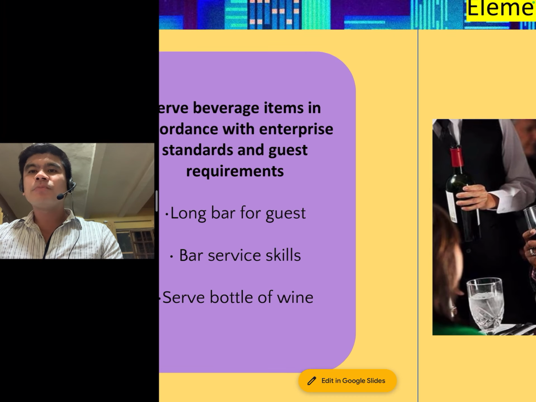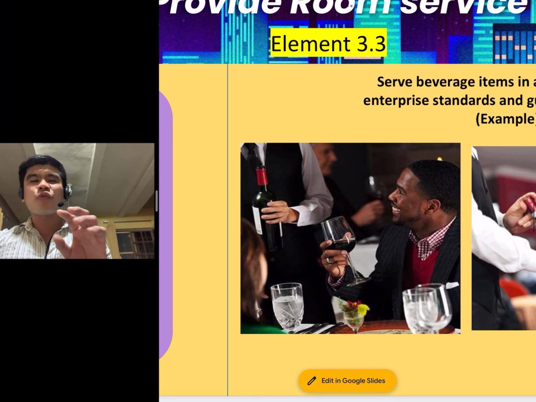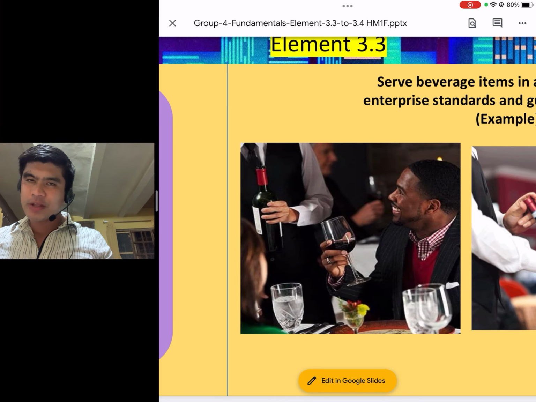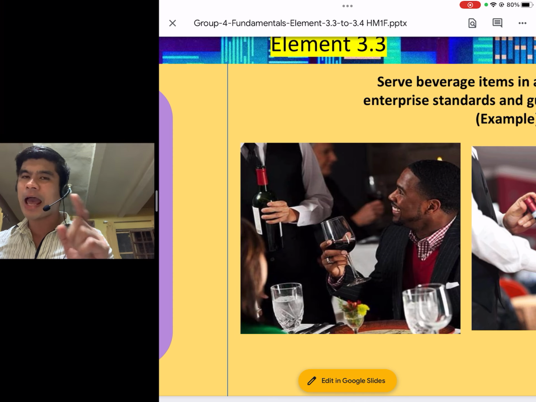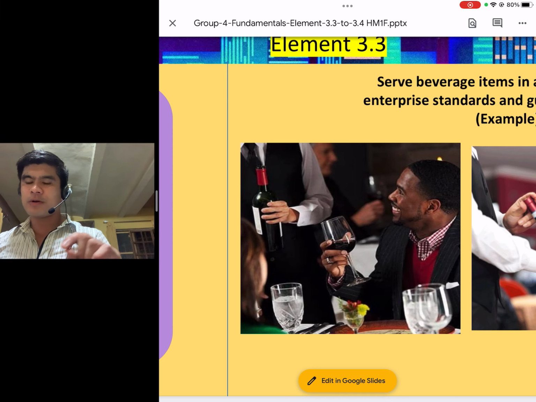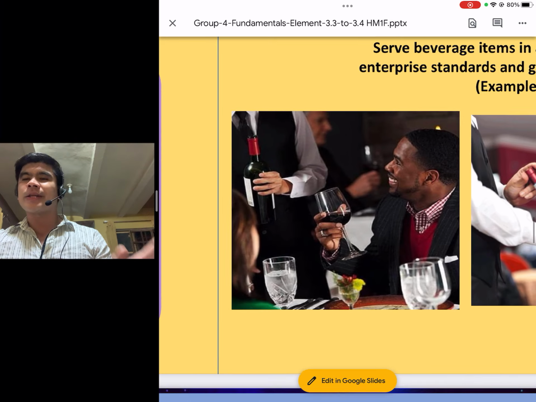Okay. Now, next one is serving a bottle of wine. We have already touched on this detail by detail in a previous video that I made. If you want to have a look again, you can go back and play that. It's in one of my videos. Okay, and the waiter presents the wine.